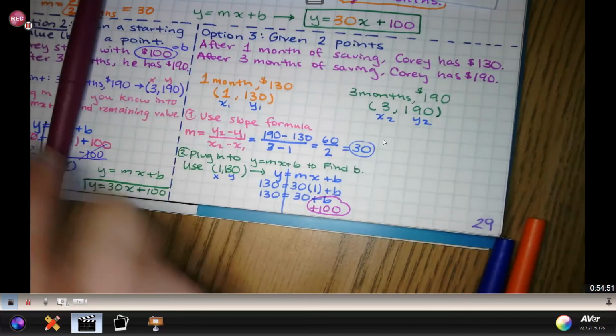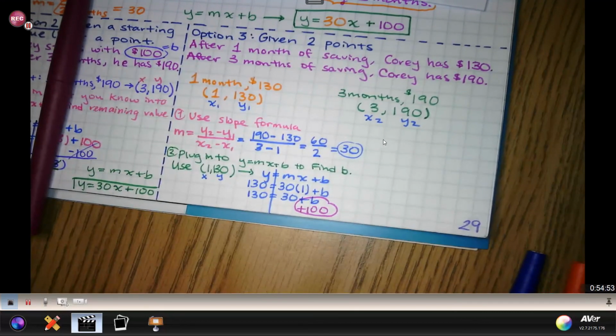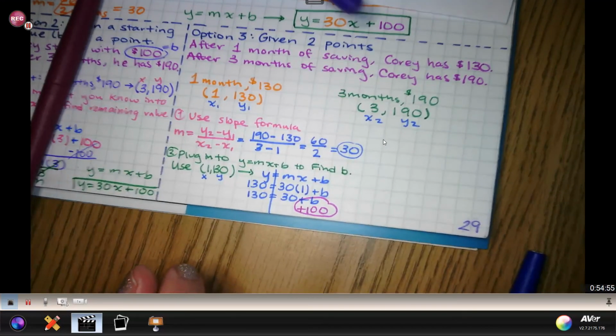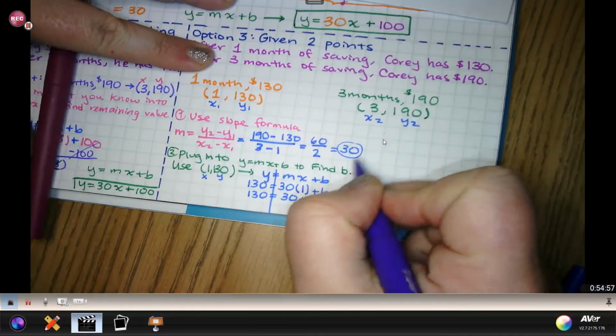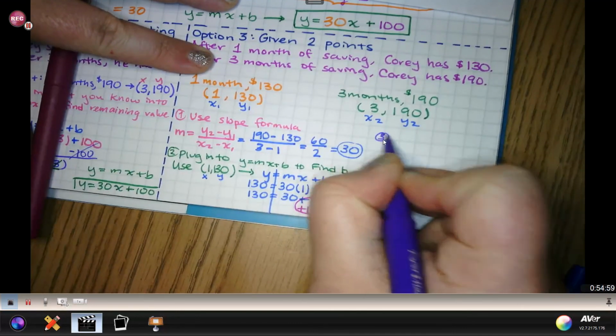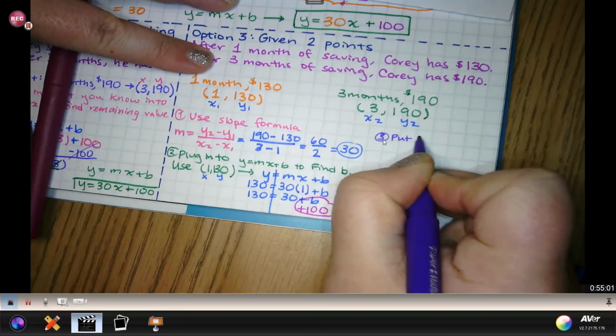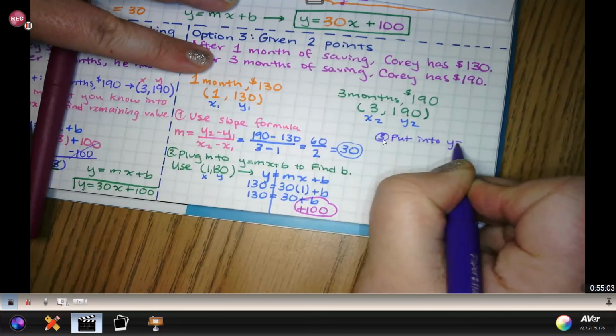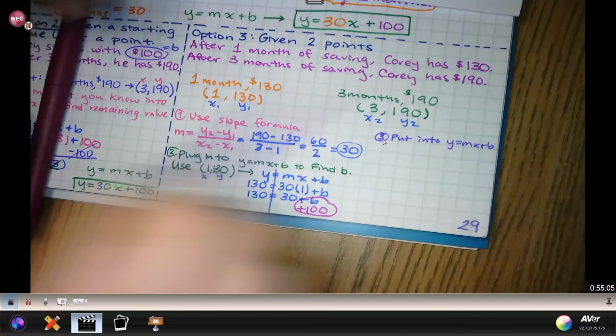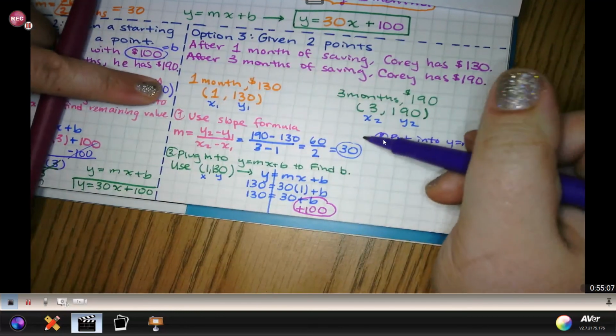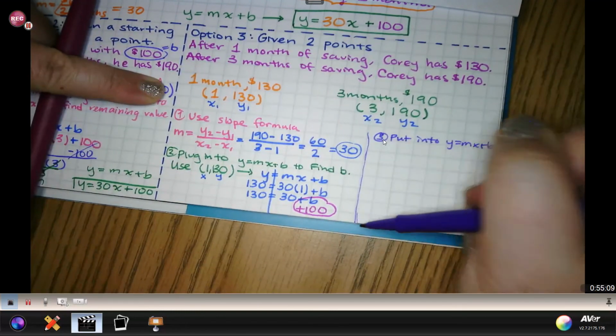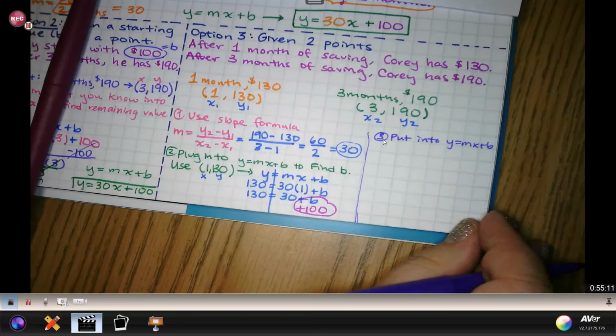Okay, so then that means I can now put it into slope-intercept form. Put into y equals mx plus b. Okay. Kind of trying to organize this because I don't have much room.